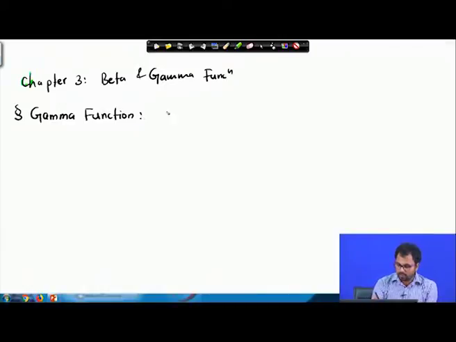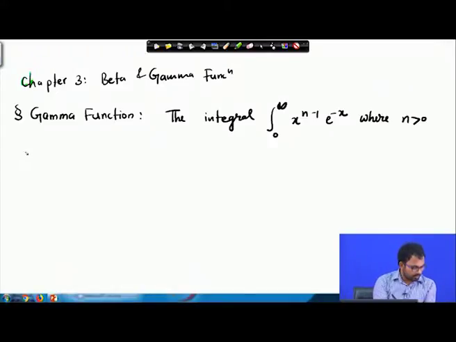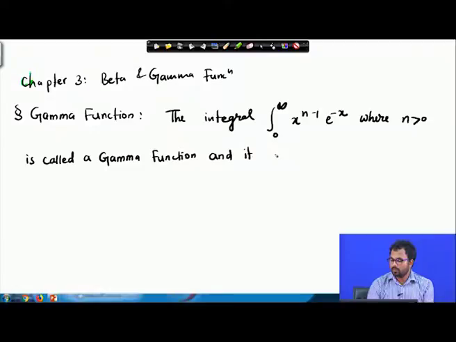So, the integral from 0 to infinity of x to the power n minus 1 e to the power minus x dx, where n is greater than 0, is called a gamma function, and it is denoted by gamma n.